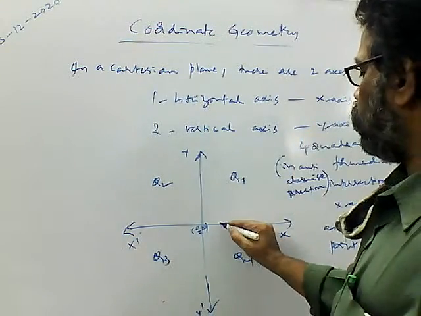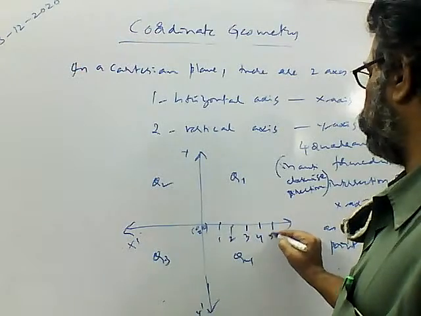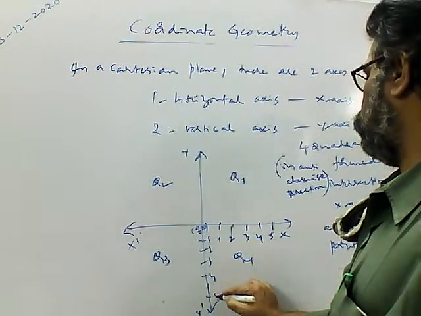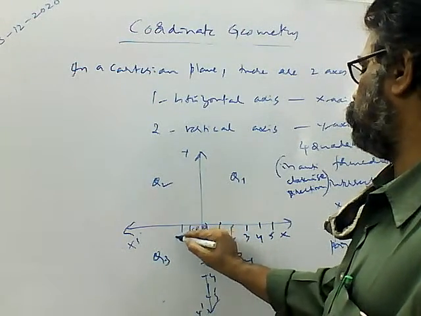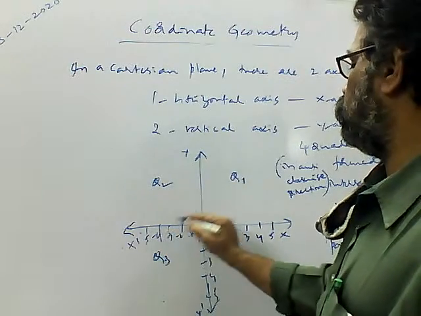Now in this case, here x is the positive x-axis, like 1, 2, 3, 4, 5 you take. This is the negative y-axis. This is the negative x-axis. And this is the positive x-axis.